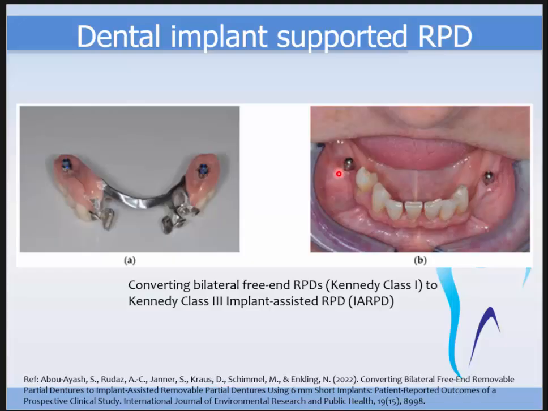So they have a support at the back, provided by the implants, so that the dentures will not flip around the fulcrum area. Okay, so this is also one of the treatment options for the patient who has this shortened dental arch with the missing teeth at the posterior region.